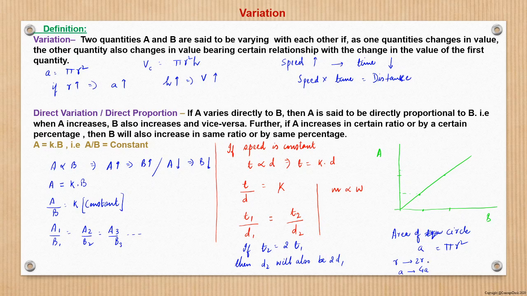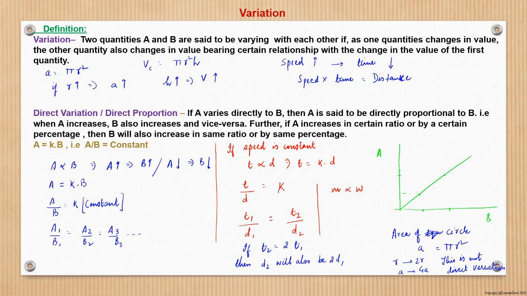So radius increases by twice, so area increases by 4 times. So that percentage change or the ratio of increase is not the same on both LHS and RHS. Therefore this is not directly proportional or direct variation, right?